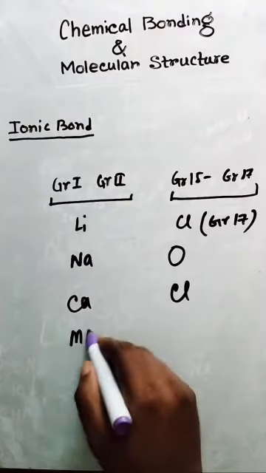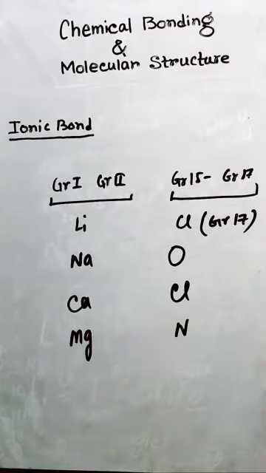Similarly, magnesium reacts with nitrogen to produce magnesium nitride, like this. So generally group 1 and group 2 metals react with non-metals, that is from group 15 to group 17, to produce an ionic compound, and in this ionic compound there is an ionic bond.